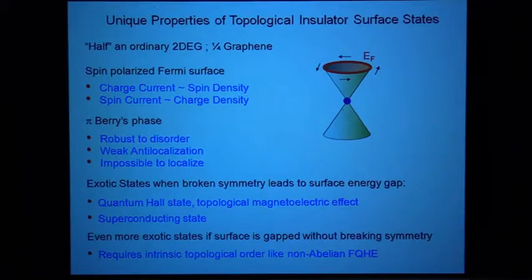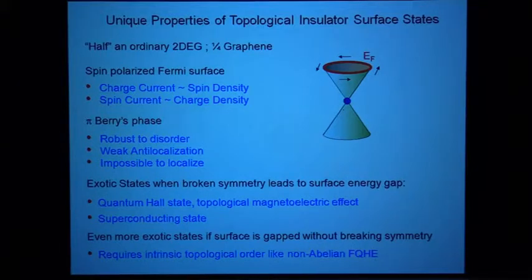Now, you can ask the question: let's suppose I keep both the charge conservation, the U(1) gauge symmetry, and time reversal symmetry. Is it possible to open up a gap at the surface in that case? Without interactions, the answer is no.